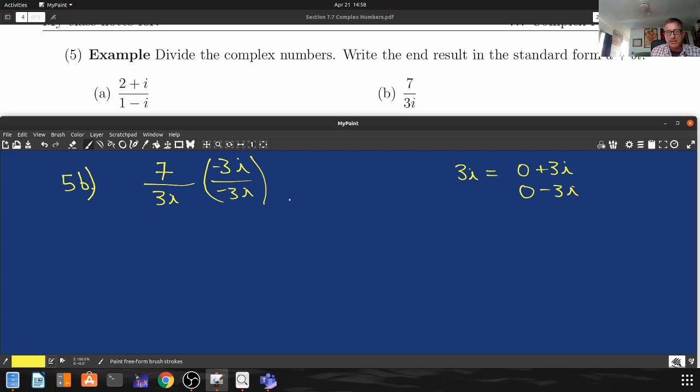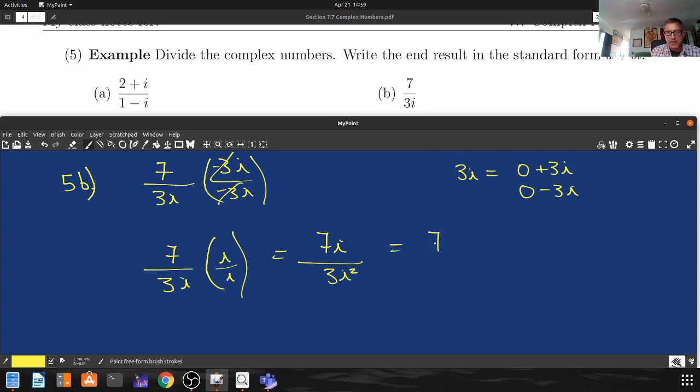If I want, I can multiply the top and the bottom by minus 3i. But notice that the minus 3's are going to cancel. So I might as well just multiply the top and the bottom times i over i. I'm being lazy here. That's going to give me 7 times i is 7i, and 3i times i is 3i squared.